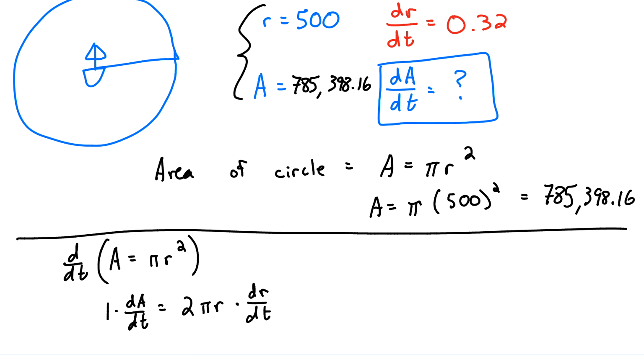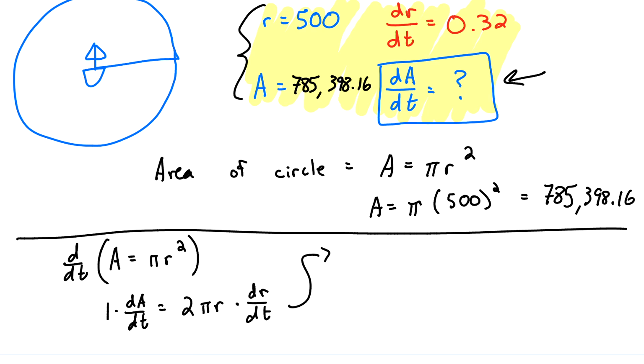So here is my derivative, which is really nice, and I can look back up at the information that I laid out at the very beginning of my problem, and now I should be able to just take all of that relevant information that's really easy to identify and plug it into my derivative. So 1 times dA over dt, that's just going to be dA over dt.